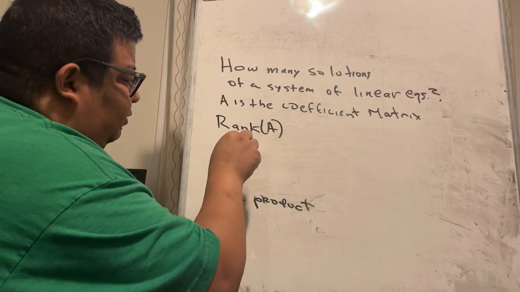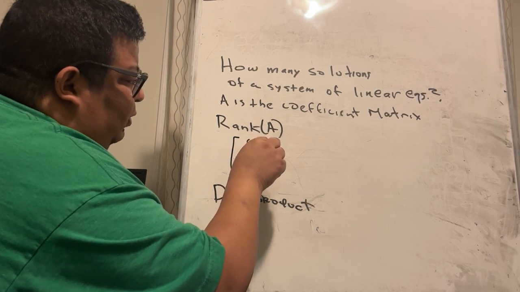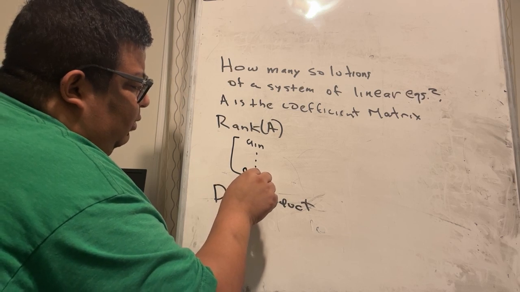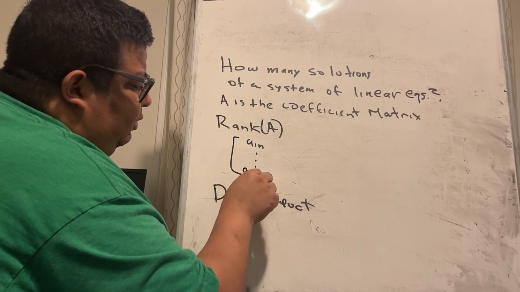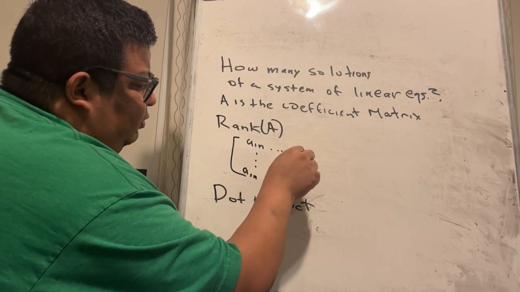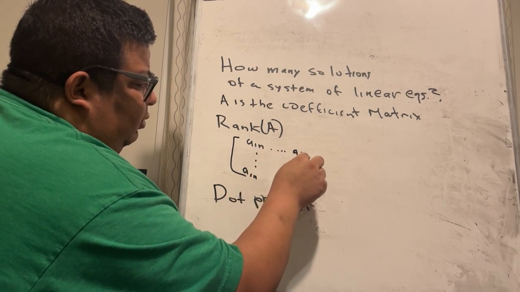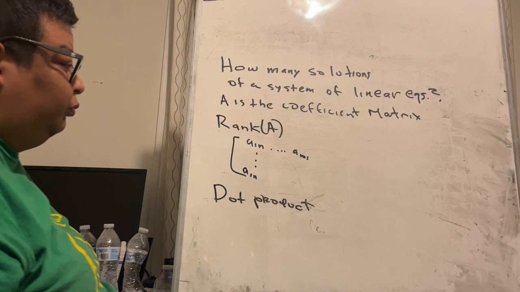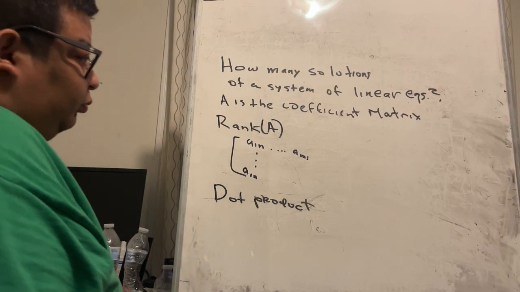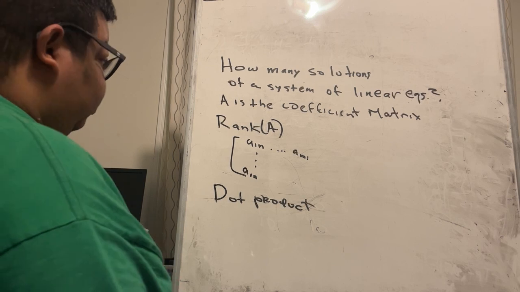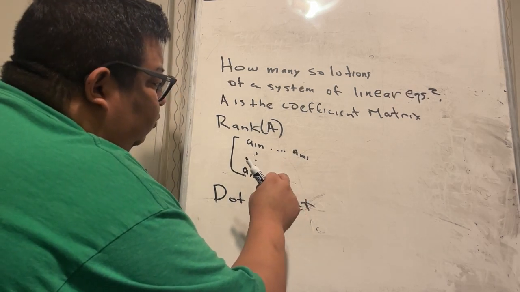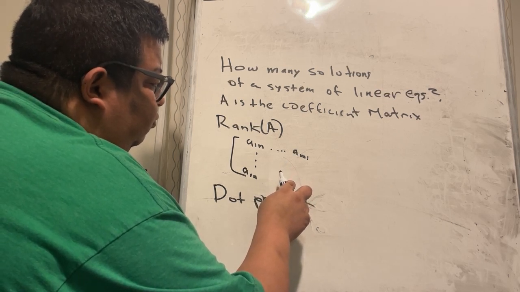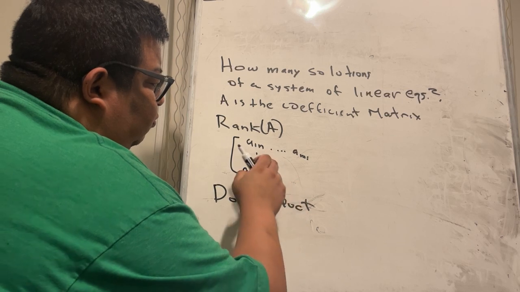So that's gonna be something that looks like this: A1n, Am1.